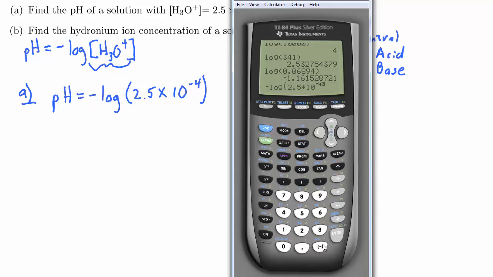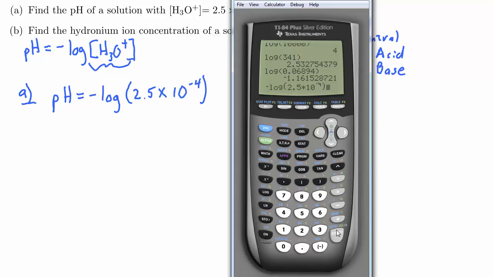Notice I use this negative sign, not the actual minus sign. Also, a couple of things to know. If your calculator automatically puts this in an exponent the way it looks there, you need to do a right arrow before you do your parentheses. If your calculator does not do that, you don't have to worry about it. Some of yours will not, some of yours will.